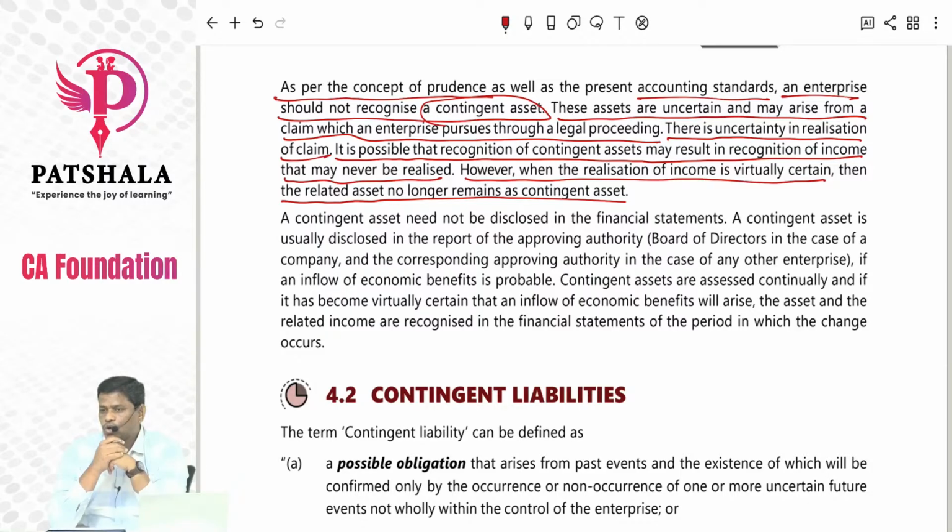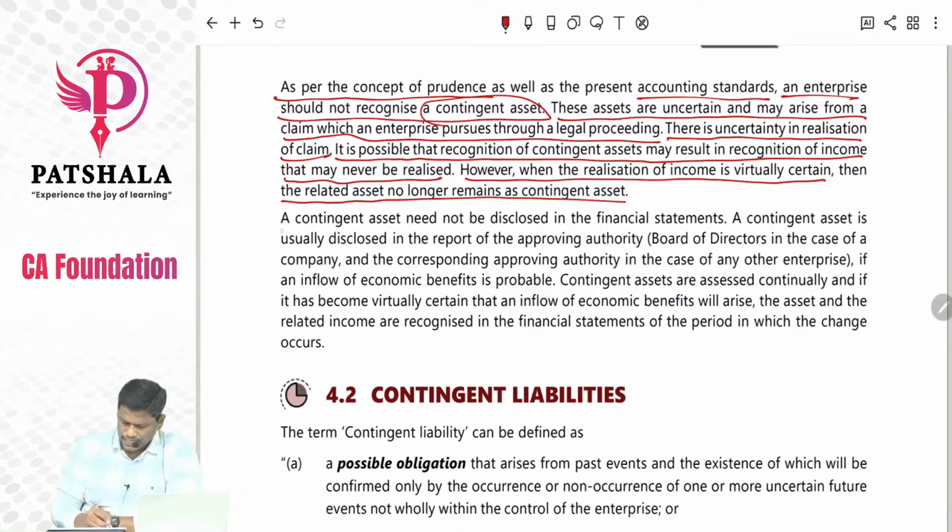Once it is confirmed that we will definitely get an amount, it is no more contingent, it is a real asset. Till it is contingent we should not recognize.